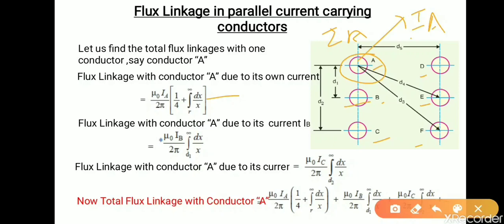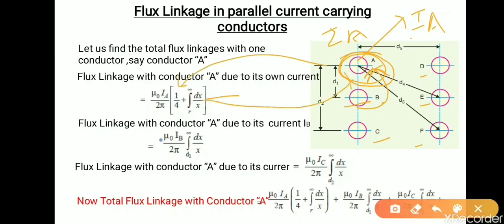So when the current IB is flowing through its conductor, the flux will link with the conductor A, which is given by μ0 IB by 2π times the integral from d1 to infinity of dx by x. This represents the external flux linkage to the conductor A. Here we have to understand that when conductor A carries current IA, for its own current the flux linkage is due to the internal flux and also the external flux.